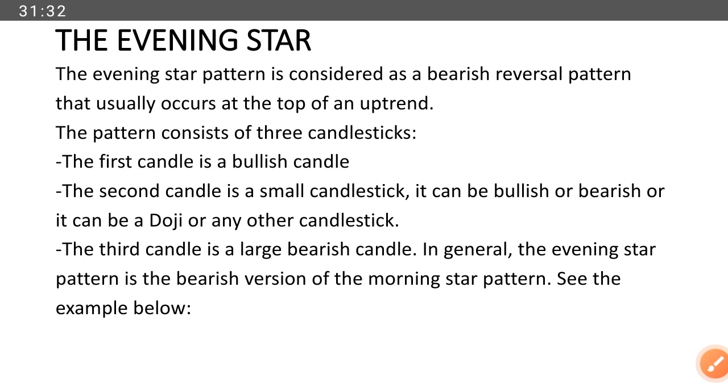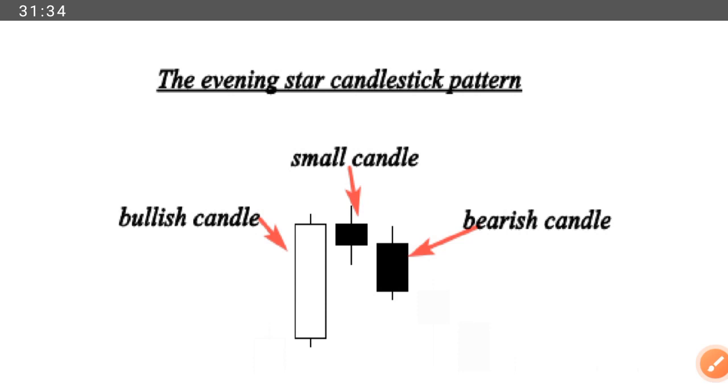Look at this. I see the evening star. First, there was a bullish candlestick. Then the second one, a small candlestick. Can be bullish, can be bearish. Then the third one is the bearish candle.